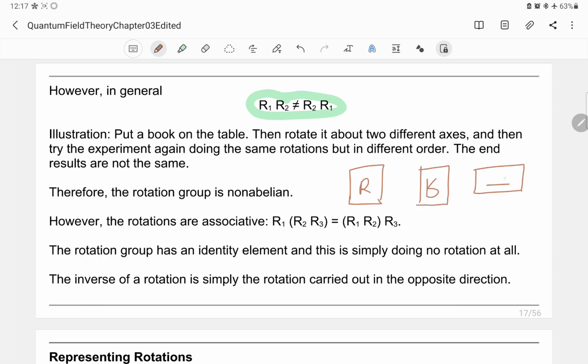And the z-axis, this will just be that one. So let's look at the other rotation on the z-axis, for example. Doing the z-axis first, we have from here that one, and then on the x-axis we have this.